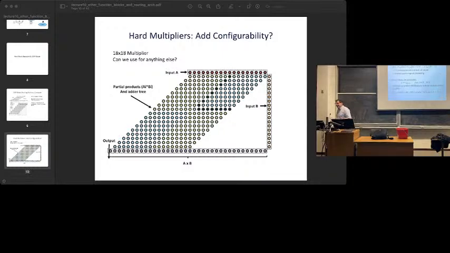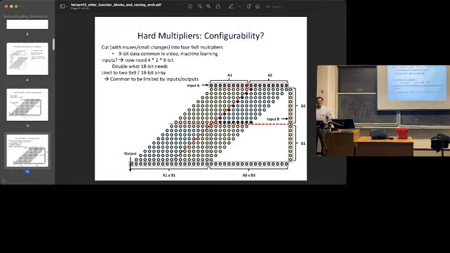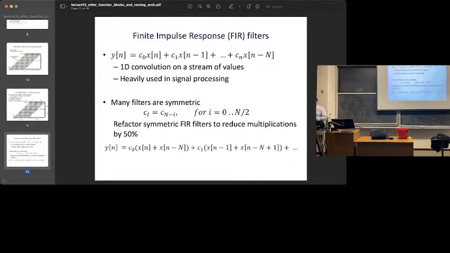Okay, so the original DSP blocks that went into FPGAs were put in by Xilinx, and they were just multipliers. But then people started thinking, well, there's a lot of the times when you're doing multiplication, there's some other stuff around it. Maybe we could harden that too. So let me give you a common example. Finite impulse response filters, which we've talked about before.